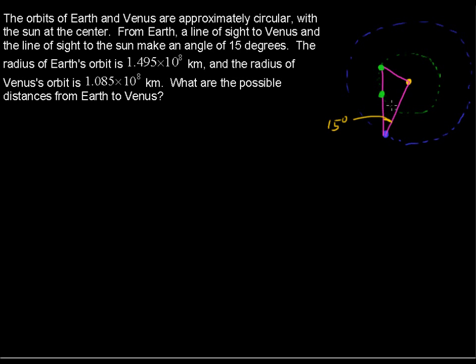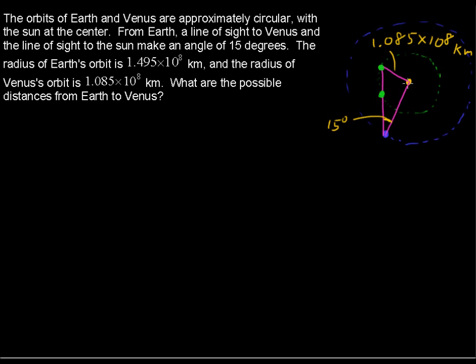So this question is asking, what are these two distances? So the short line or the long line, what are the possible distances from Earth to Venus? Now we're given the radius of Venus's orbit and the radius of Earth's orbit as well. Venus's orbit has that radius of 1.085 times 10 to the 8th kilometers.